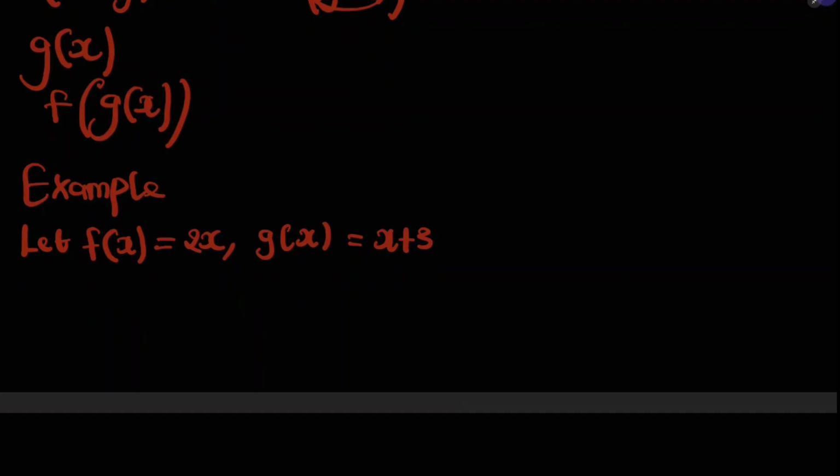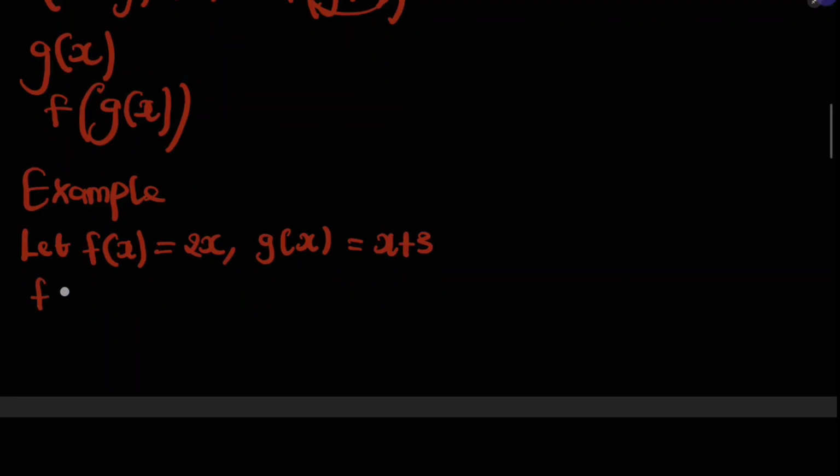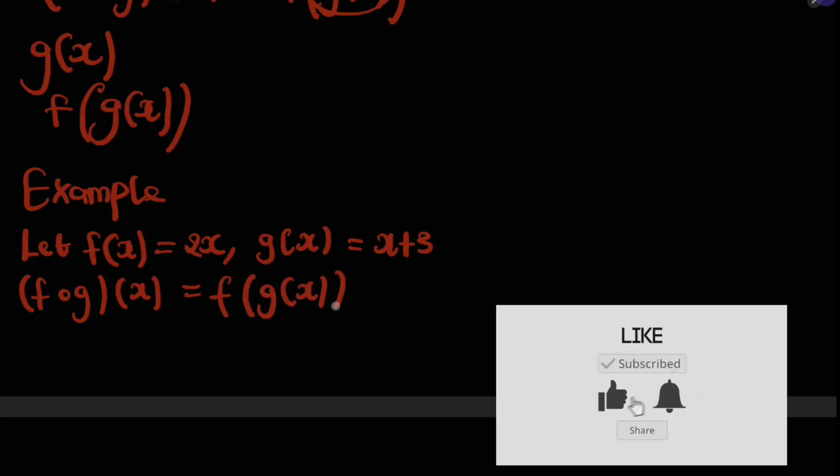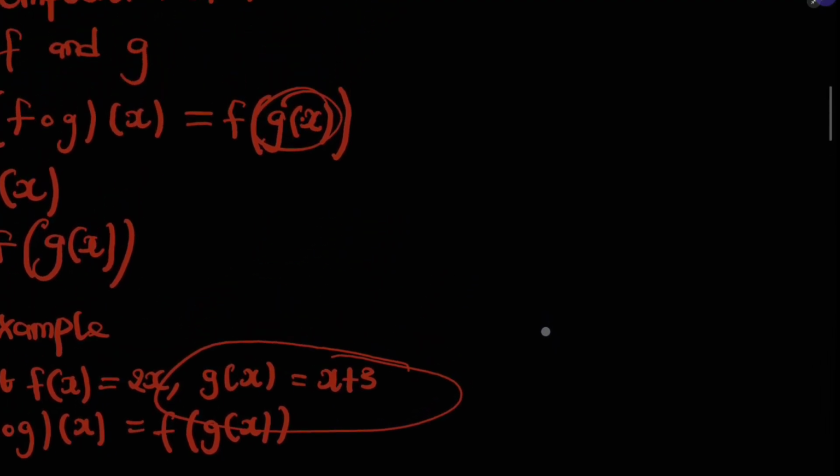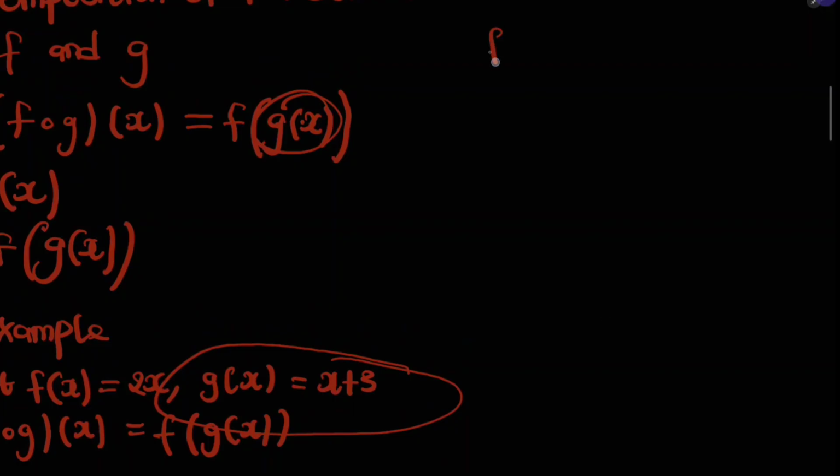If we want f of g of x, remember I earlier said we take g of x and apply it, and then we apply f to the result. From the equation we know that our g of x is x plus 3, so we are going to have f of x plus 3. This is f of g of x.